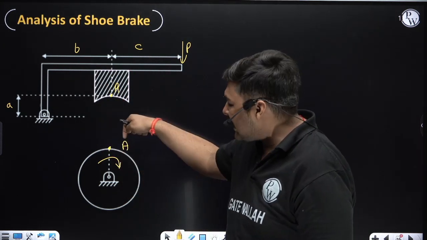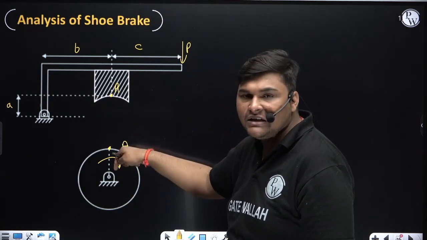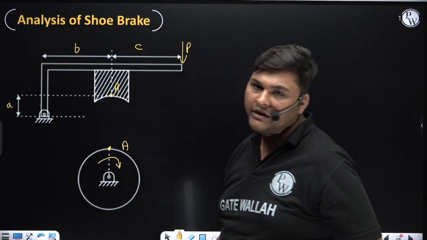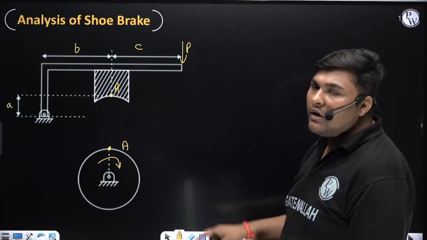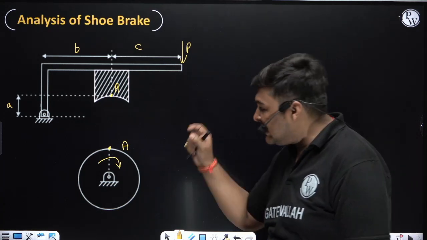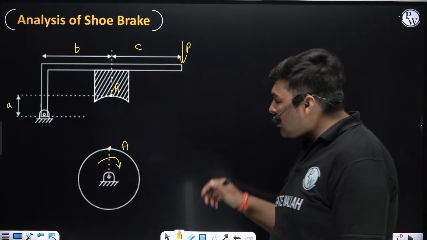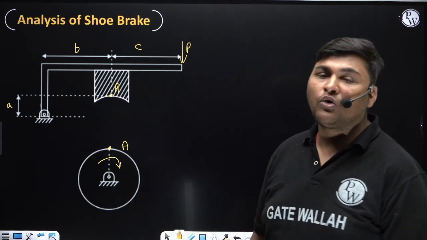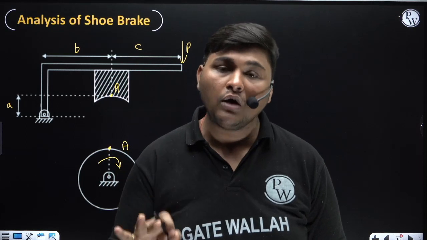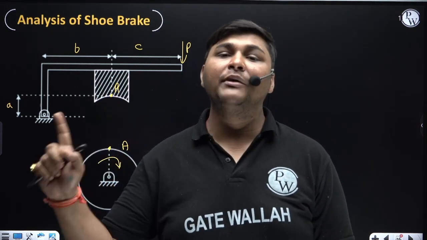Always first we will find the direction of contact force at location A in the FBD of drum, because it will be easier to draw the FBD of drum than the FBD of lever.